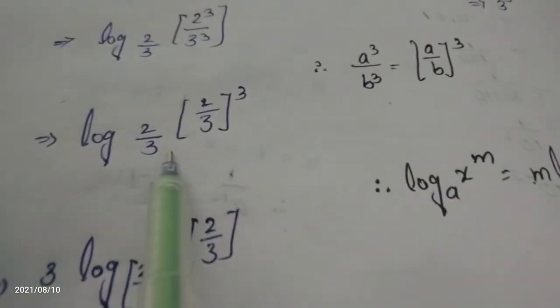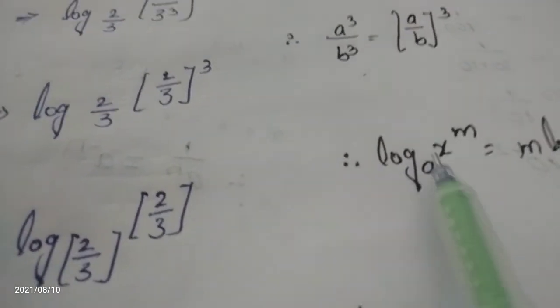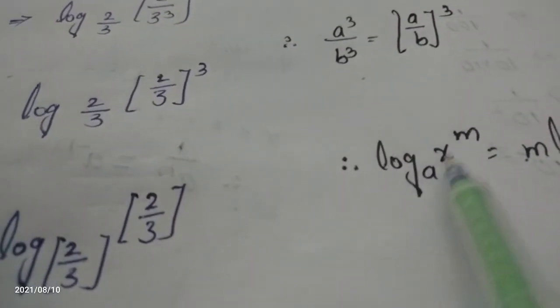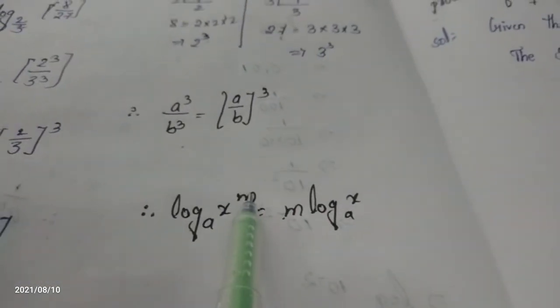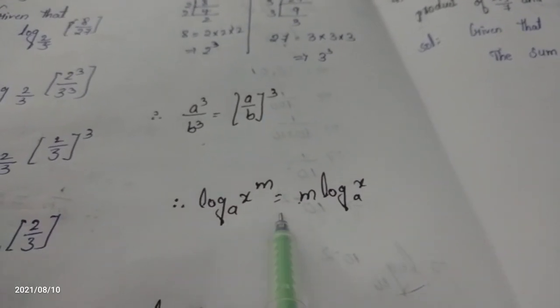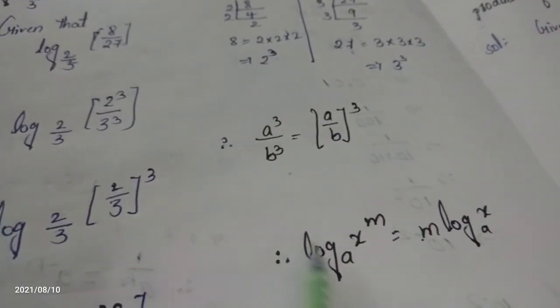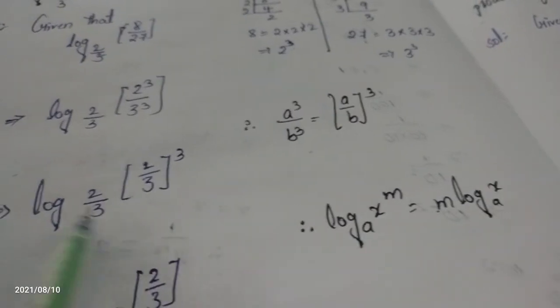Up to that clear? Here observe this question. This expression is in the form of this formula: log x to the power m to the base a. It can be written as: whatever power is there, we write before the log. What is the power? We have the power as 3, and a is 2 by 3.